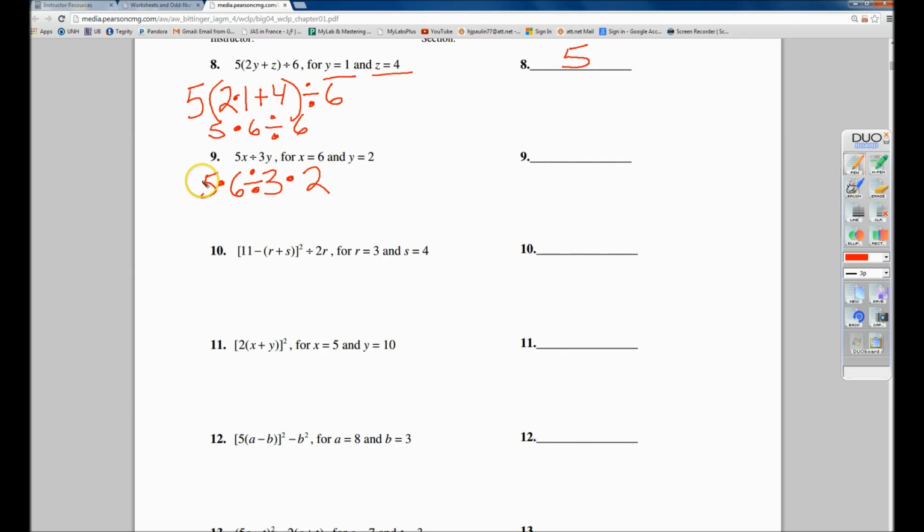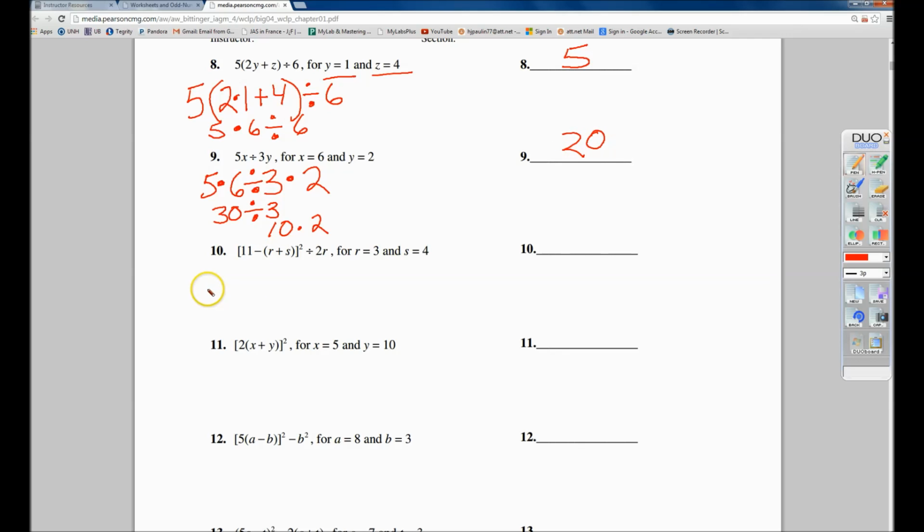So again, from left to right, you're going to do the multiplication first. This is 30 divided by 3, and that gives you a 10. 10 times 2 is 20.